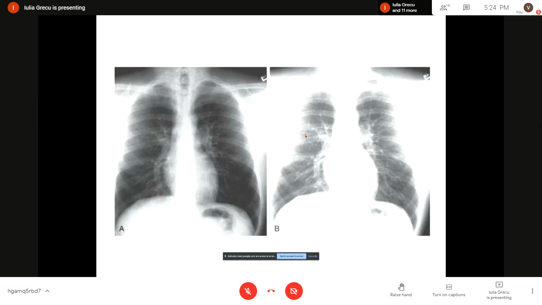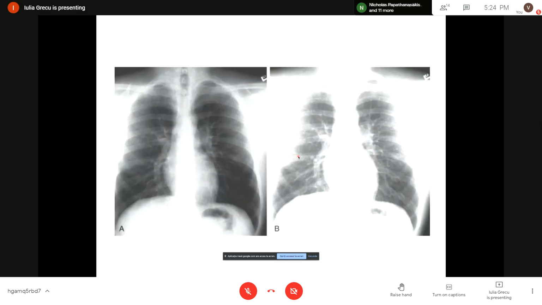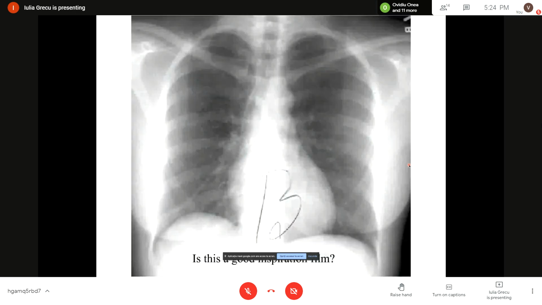They appear more white this time. So overexposed, more black lung parenchyma, and underexposed, more white mediastinum silhouette and white lung parenchyma.